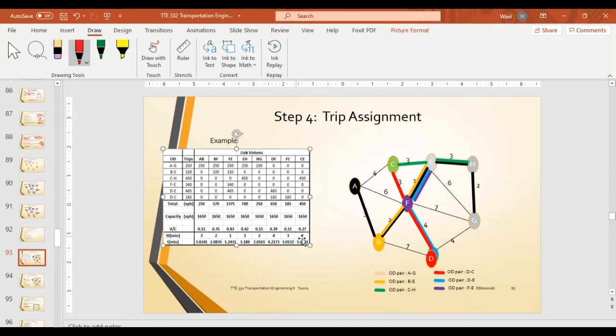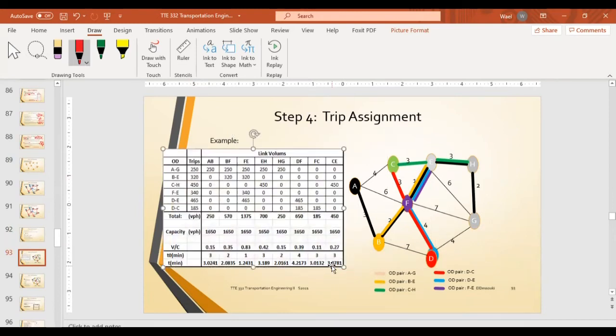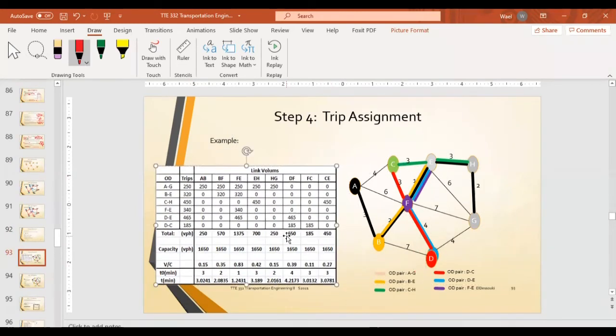Let me just make this a little bit bigger, okay? And let's, for example, see the volume on link EF. Link EF serves volume from A to E, from B to E. So each color of these, that's EF or FE.